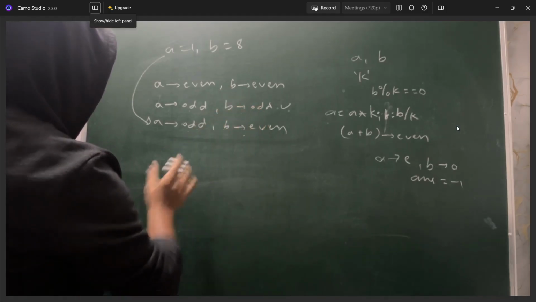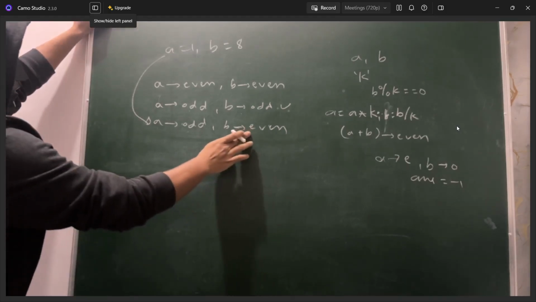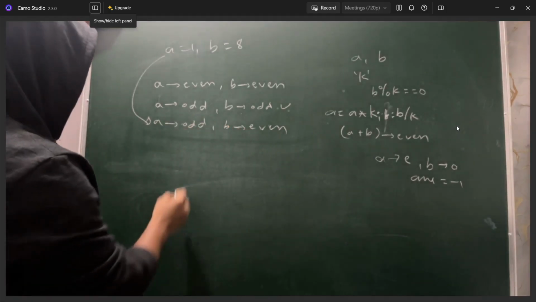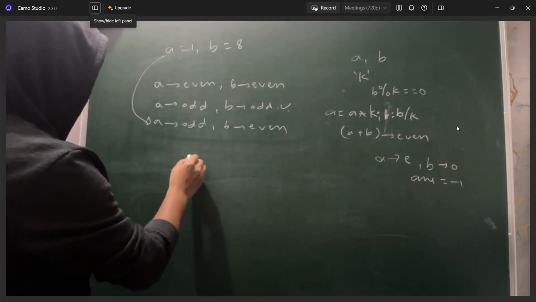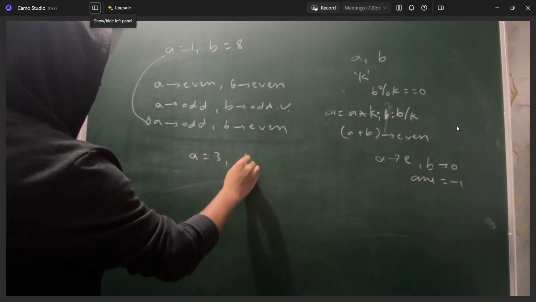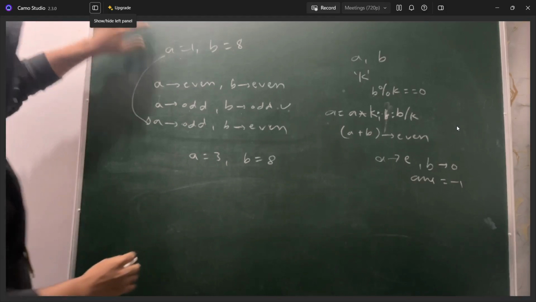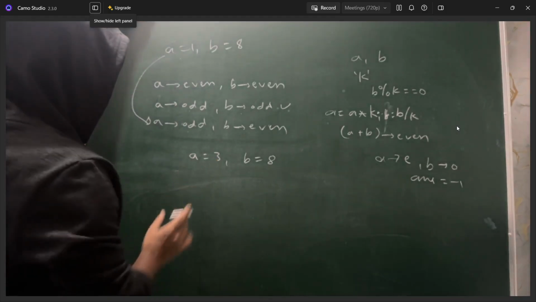In this case it is not even, so initially you can't take it. So now, let's say you have a as 3 and b as 8. I'm not dealing with the other case right now, so I'm dealing with this.